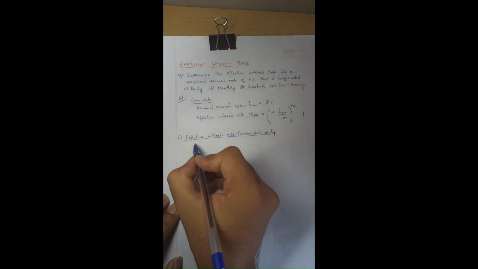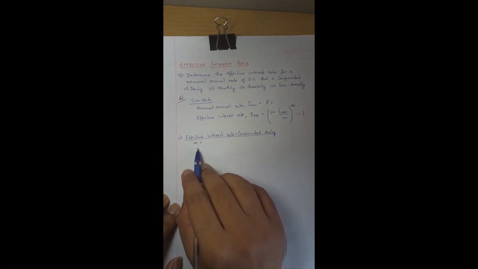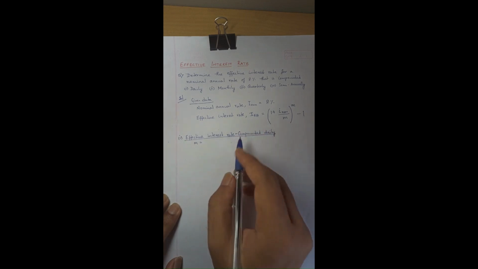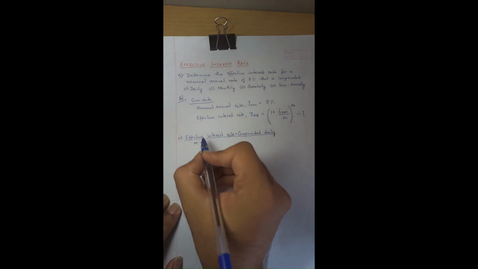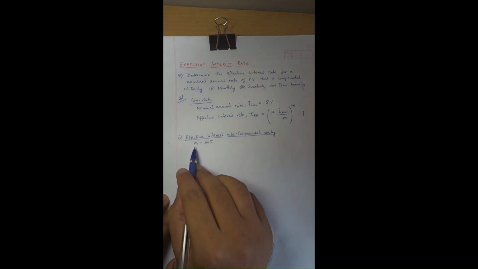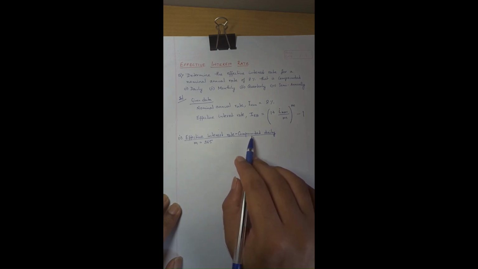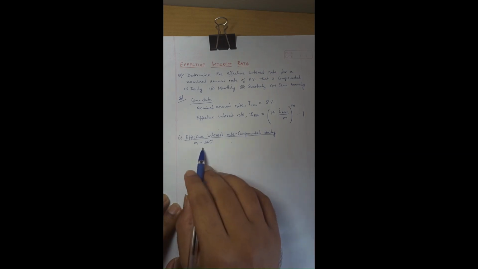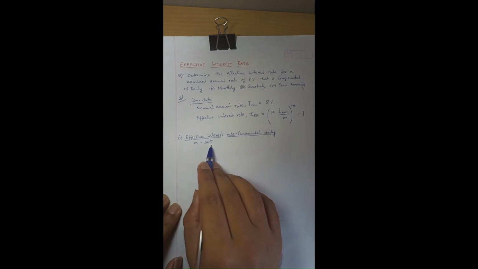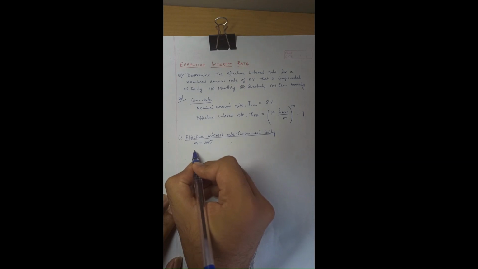Here the value of M will be equal to the number of interest periods within a year. Since it is compounded daily, in a year it will be 365 days. Therefore the value of M, if the nominal interest rate is compounded daily, will be 365. Therefore I'll be calculating I effective.